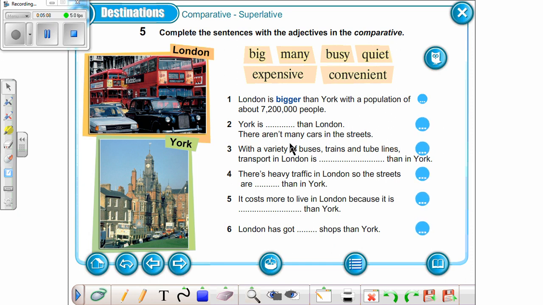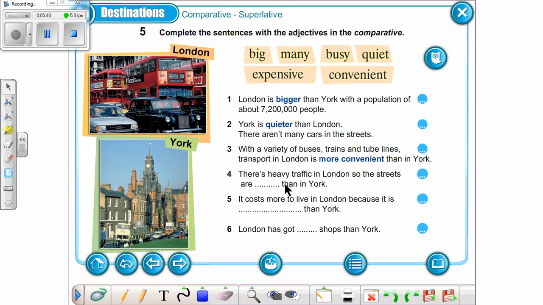There aren't many cars in the streets. So York is quieter than. With a variety of buses, trains, and tube lines, transport in London is space than in York. Excellent, more convenient. Convenient is more than one syllable, so I have to put more.